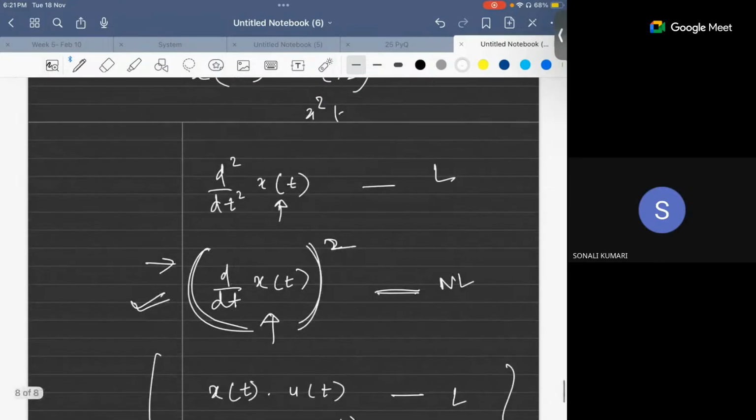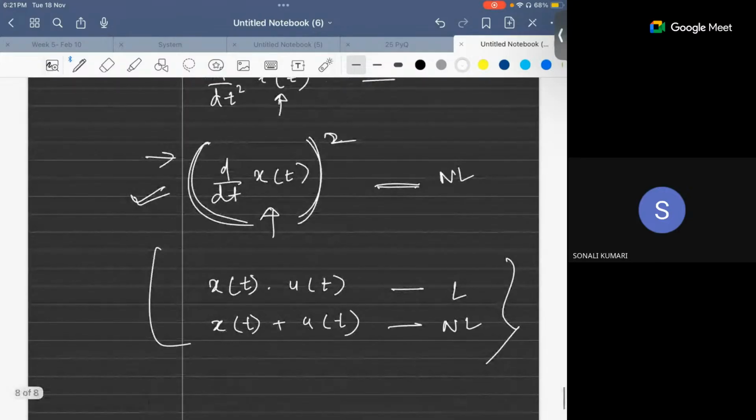But if integration and differentiation is written, you can mark it as a linear system prima facie. But what else has been given also makes changes, but most likely it will be linear.